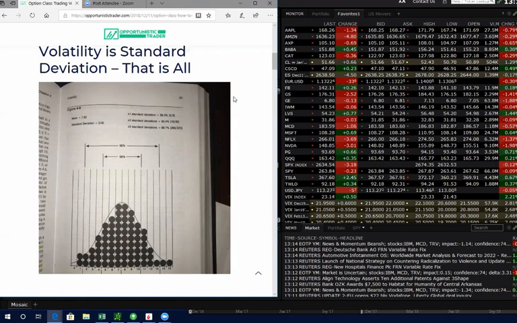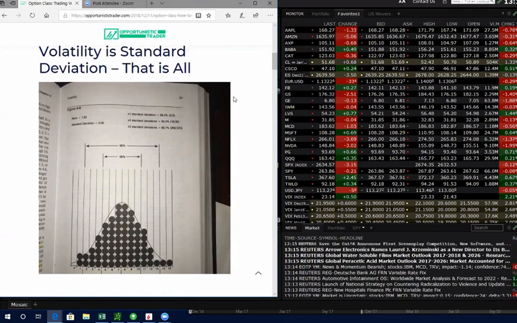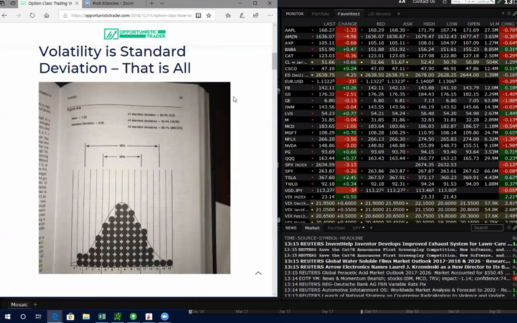There are roughly 256 trading days in a year, 16 squared. You would expect 68.3% of all days to be within one standard deviation. So roughly 175 of those 256 trading days, the market should have a 1% range.